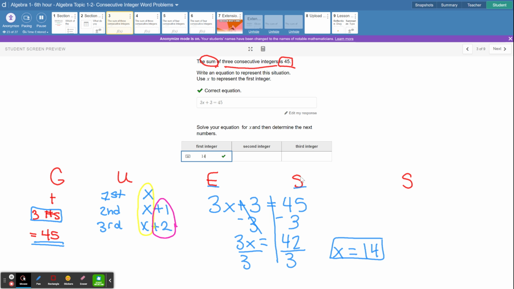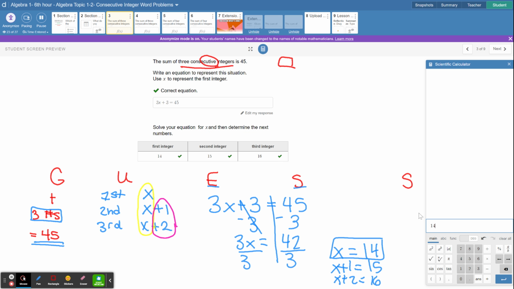Then x plus 1 is going to be 15, and x plus 2 is 16. So we can confirm that these are the correct numbers. Green means good, green check marks. Also, if you have a calculator handy, if you add them, it's going to get you 45, and that's the number that was given.